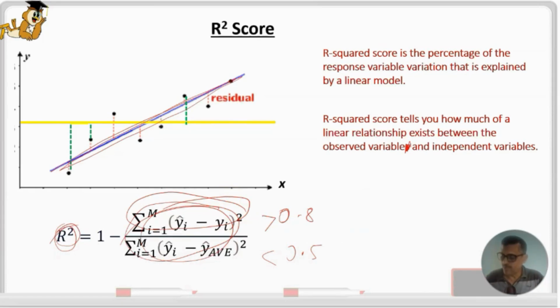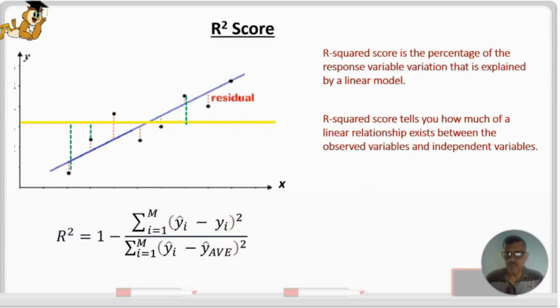So, I want to recap this once again, because this is important. R square score serves multiple purposes. Firstly, it tells you how good a job your linear regression model is doing. It is the percentage of the response variable variation that is explained by the linear model.